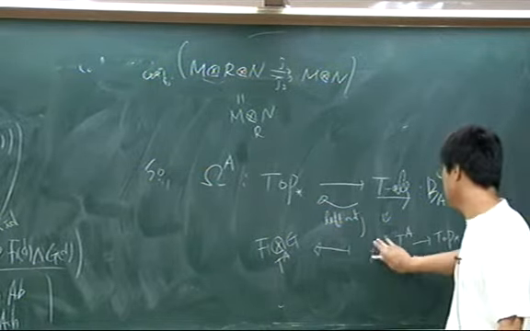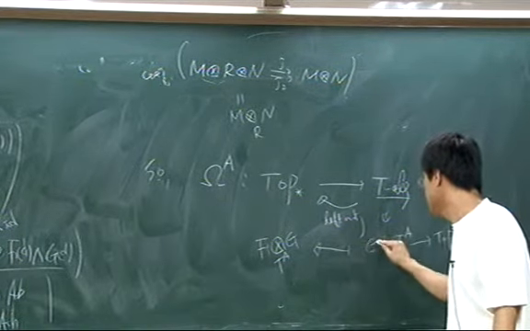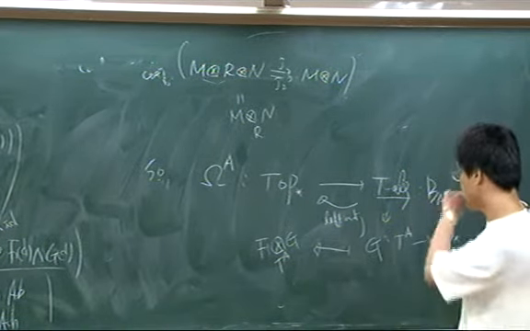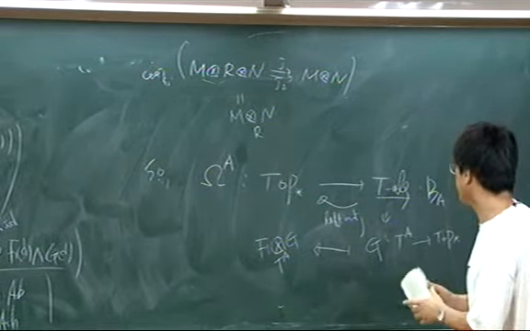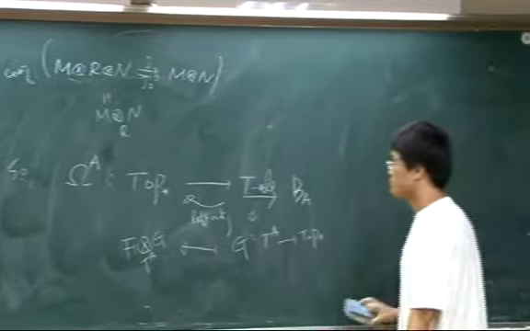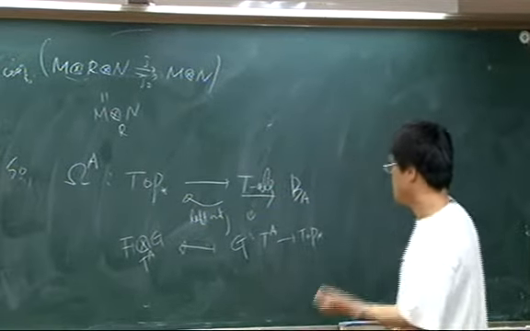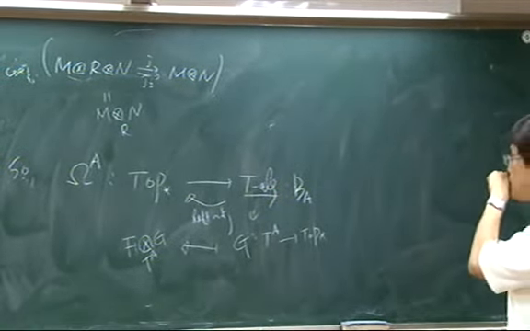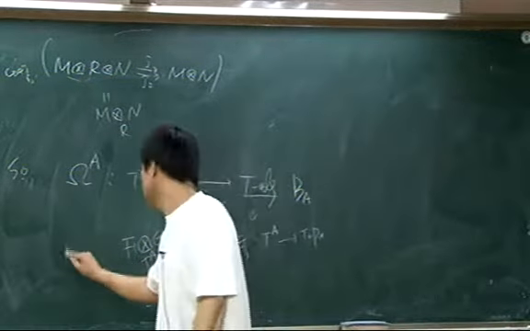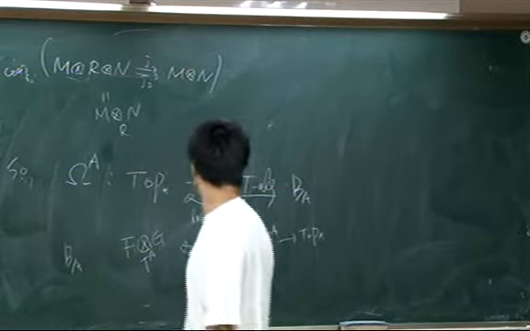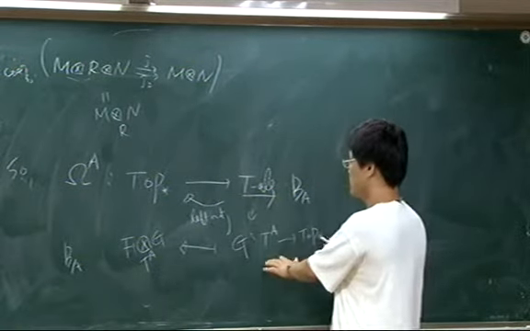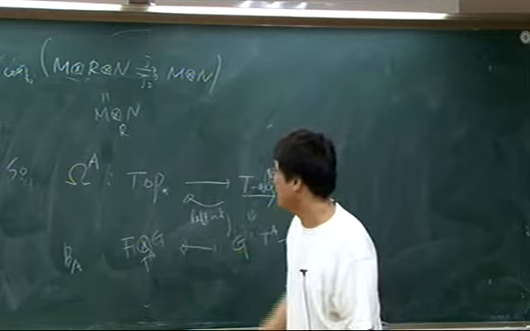Actually, I should use this. So if you have this kind of functors, then we tensor with F.